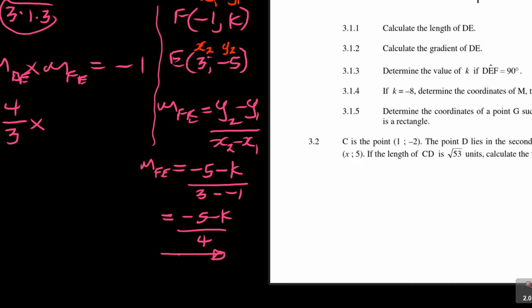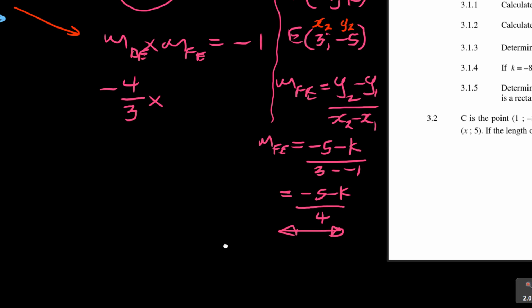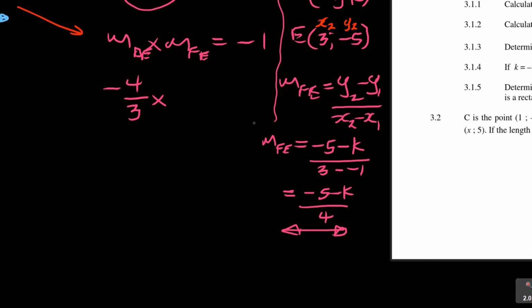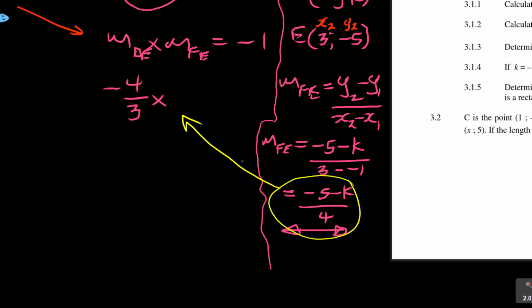You take this here. We said what? We are looking for the gradient of FE, which is this one here. You see? And then this gradient is the one we are going to put there. Are you with me? So if you look at that, what will I have? It will be times (-5 minus k) over 4.